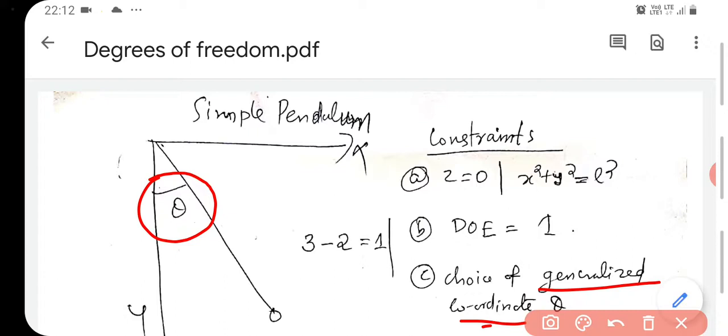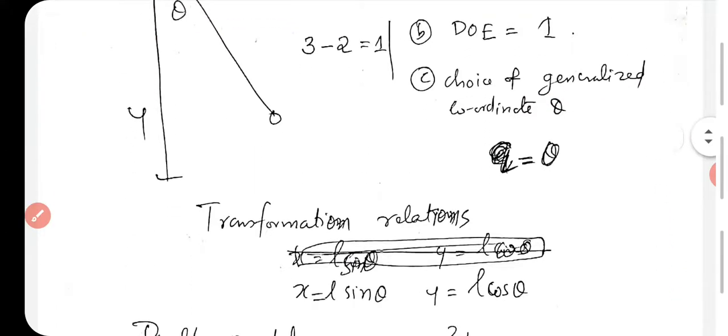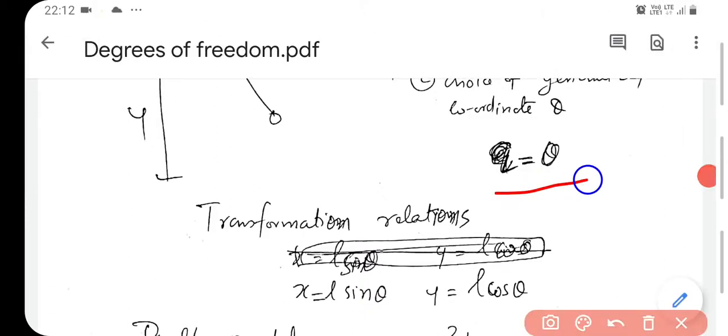When you are using this coordinate, you need not consider the constraints. So it has one generalized coordinate, theta. Generalized coordinates are represented by q, so q equal to theta.